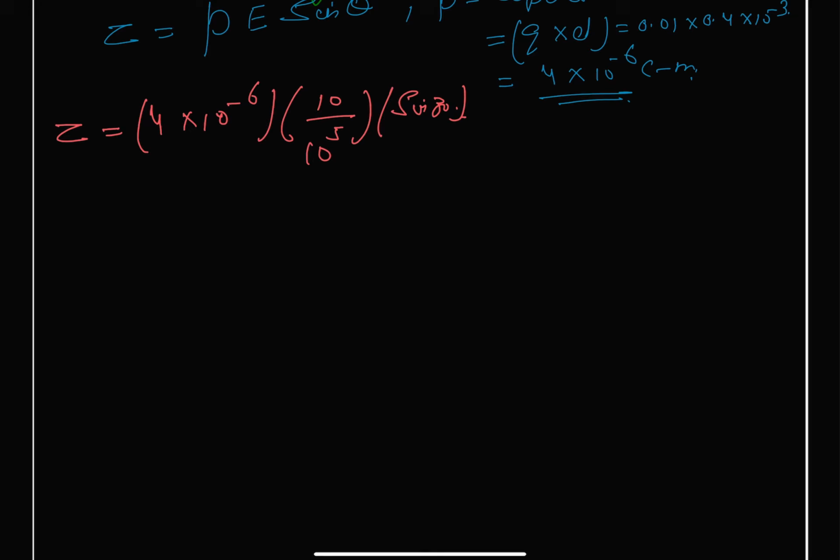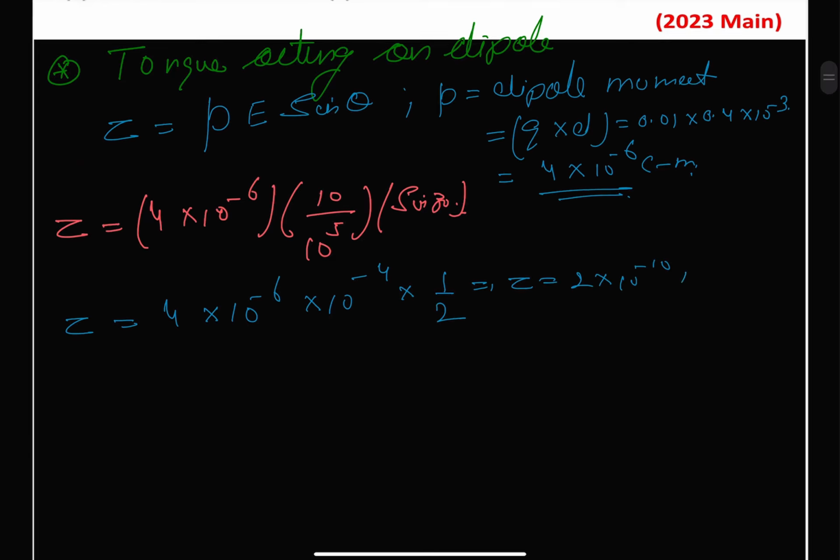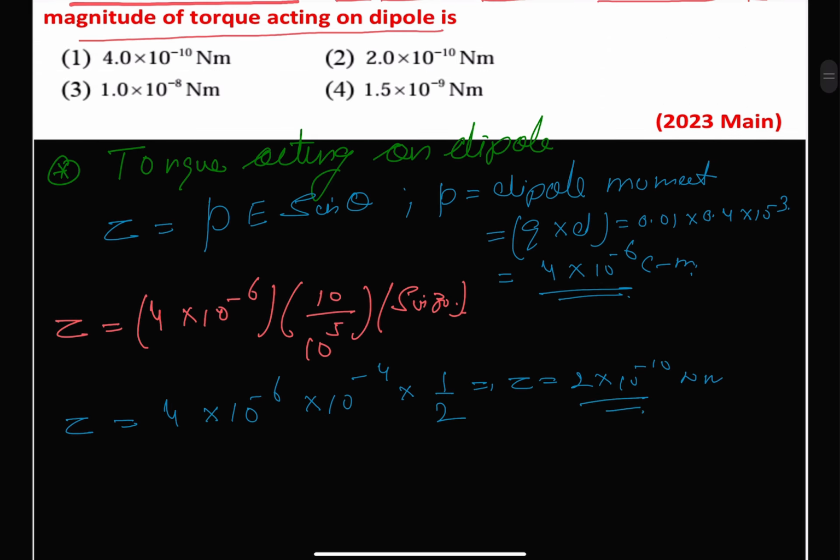So we get tau is equal to 4 into 10 to the minus 6 into 10 to the power minus 4, and we have here sine of 30, which is 1 by 2. Therefore tau will be equal to 2 into 10 to the power minus 10 Newton meter. So option number 2 is the correct one.